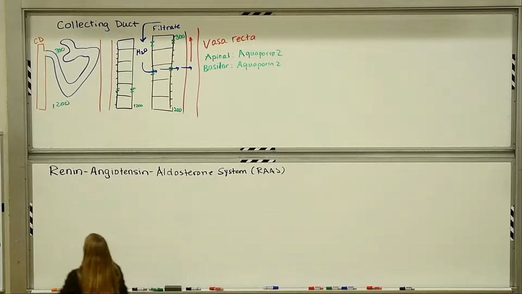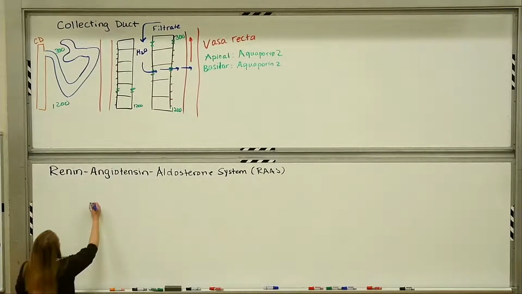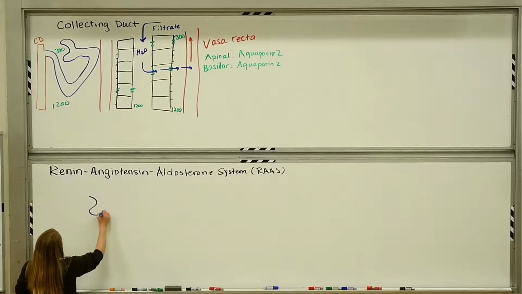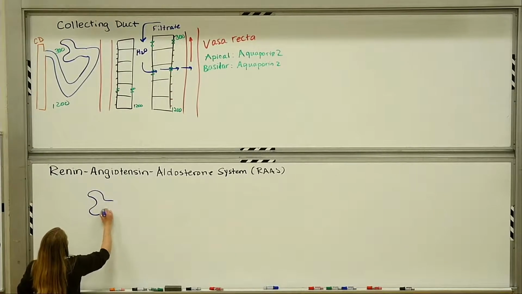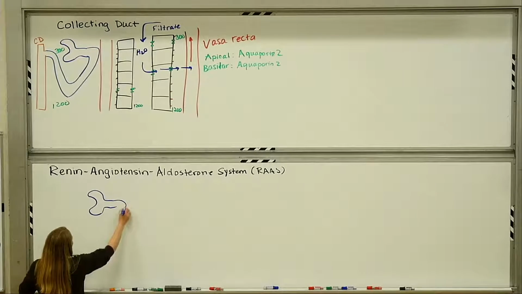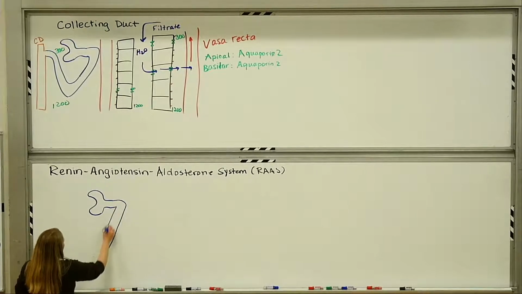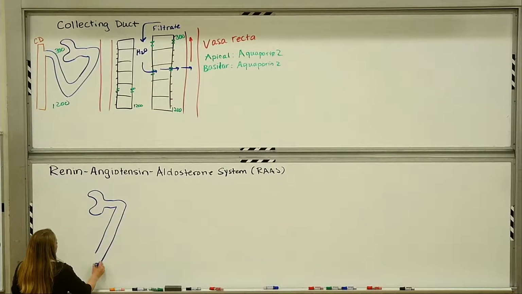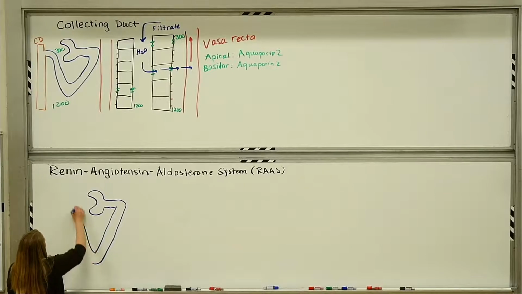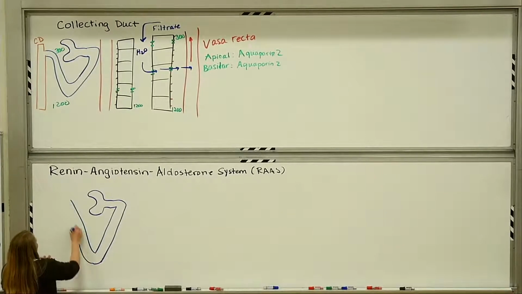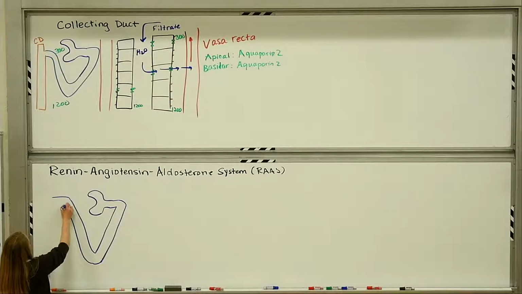All right, so here's our nephron. Bowman's capsule, proximal convoluted tubule, descending limb, all very important, but we're not including them in this story, so ascending, distal convoluted tubule, and I'm going to draw it the same color.